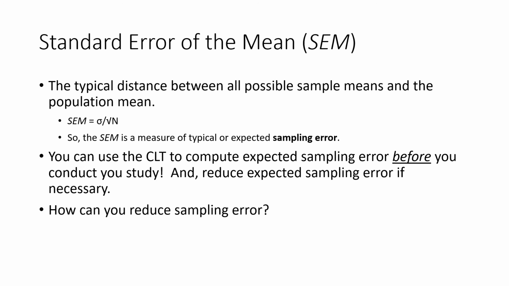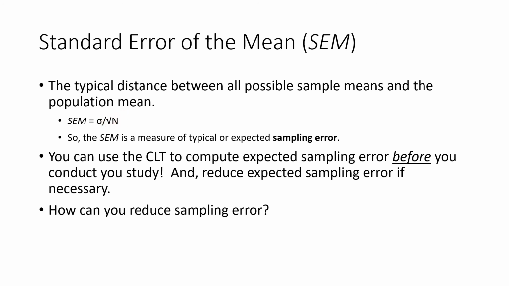So the standard error of the mean, summarized as SEM throughout the chapter, throughout the whole book, is the typical distance between all possible sample means and the population mean. It's a measurement of expected sampling error. It follows this equation.